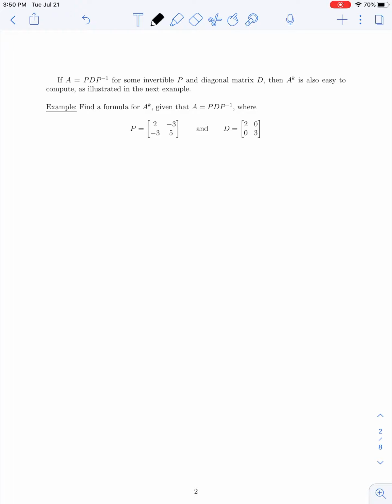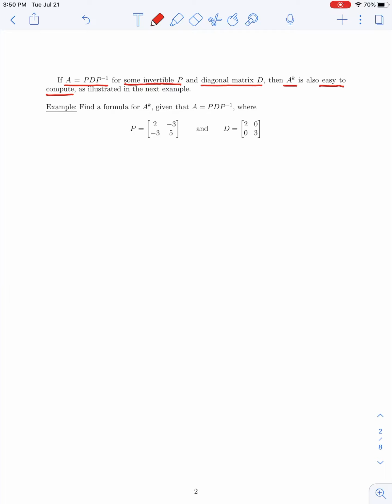So let's consider the problem of interest for this section. Let's suppose that a matrix A can be rewritten as the following factorization: P times D times P inverse for some invertible matrix P and some diagonal matrix D. So I claim that A to the K can be easily computed, as we'll see in the following example.